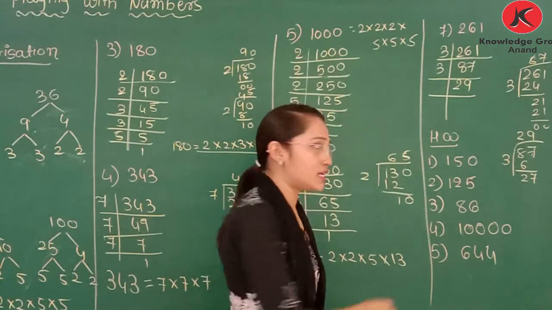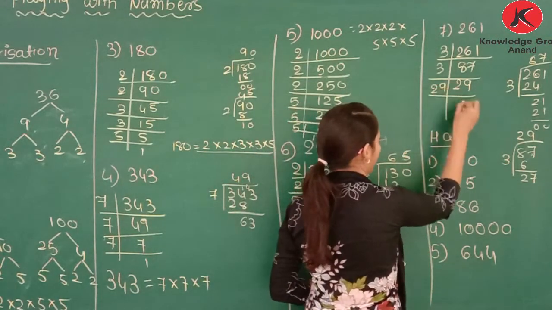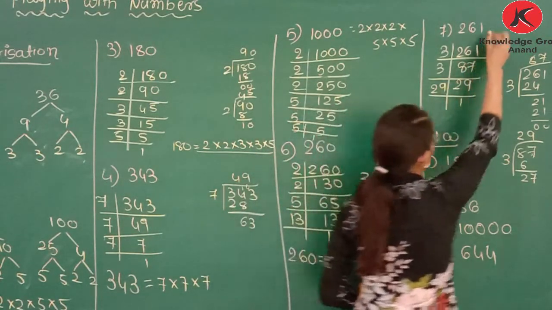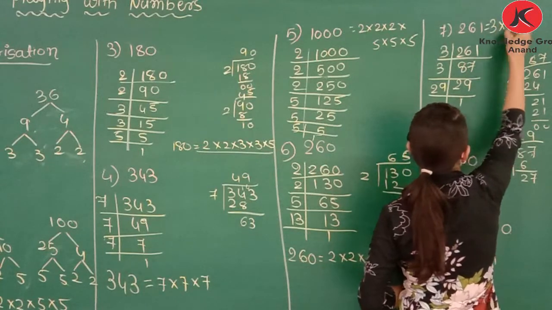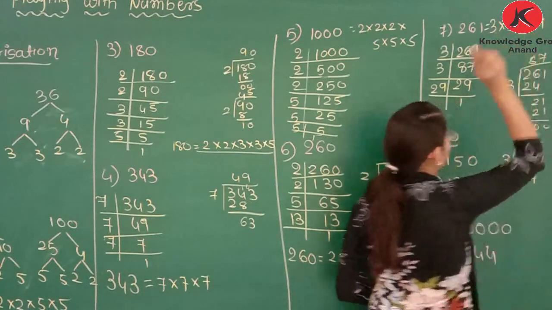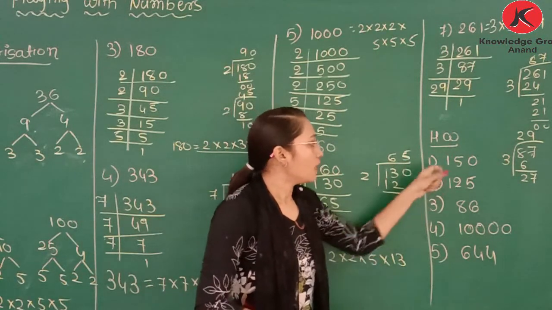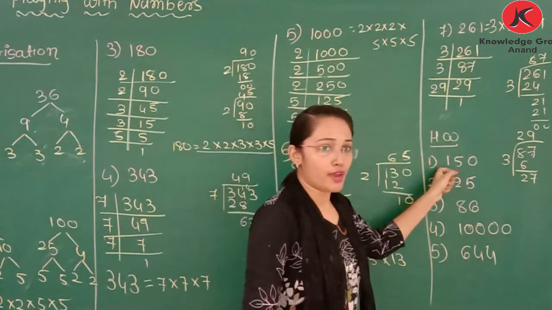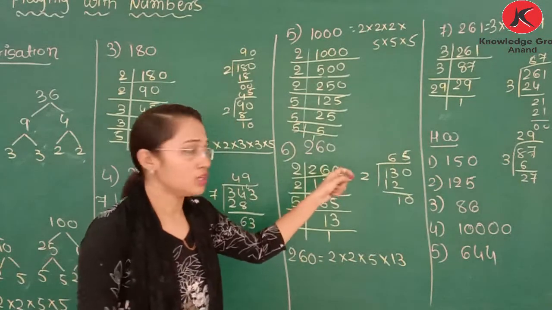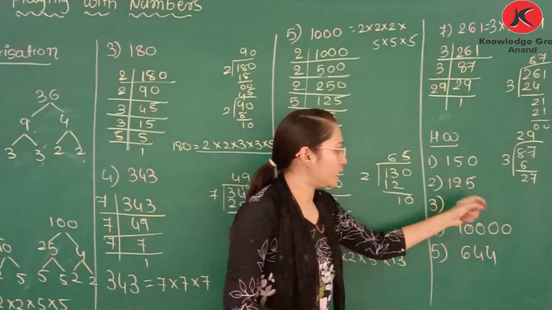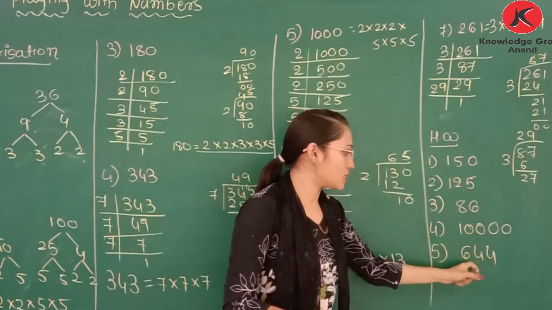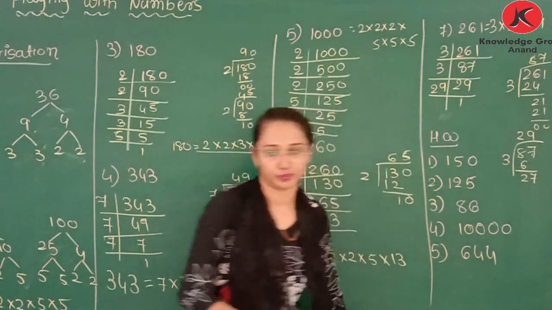Now 29 is a prime number, so you can write 29 once. So 261 can be represented as 3 multiplied by 3 multiplied by 29. These are the prime factors of 261. Clear? In homework, you need to find the prime factorization using this method of 150, 125, 86, 10,000 and 644.